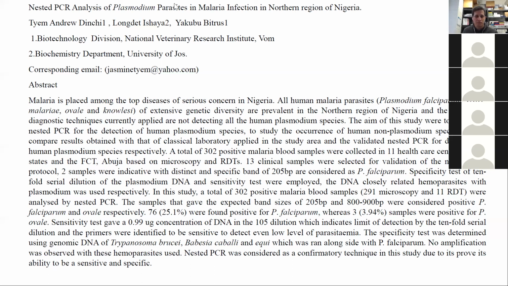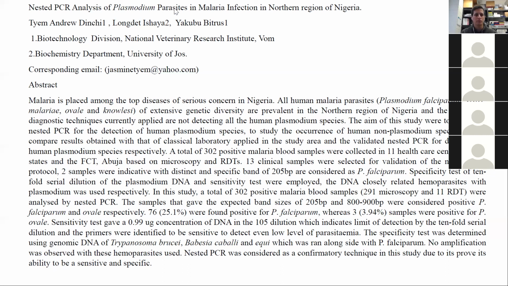So for the sensitivity test, we did a 10-fold serial dilution, and we got at tube 5, which is 10 raised to the power of 5, a limit of detection of 0.99 microgram concentration of DNA. So at that point, we knew that at this concentration, you could detect the Plasmodium parasite using our PCR method, which we validated.